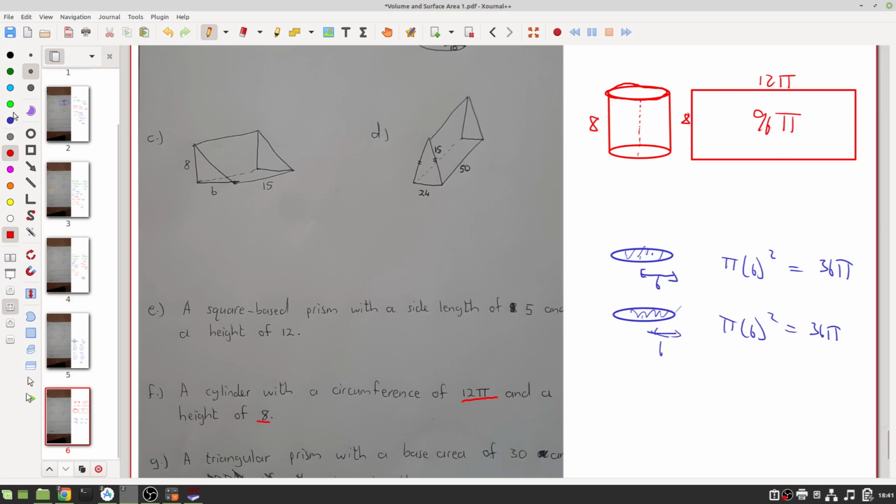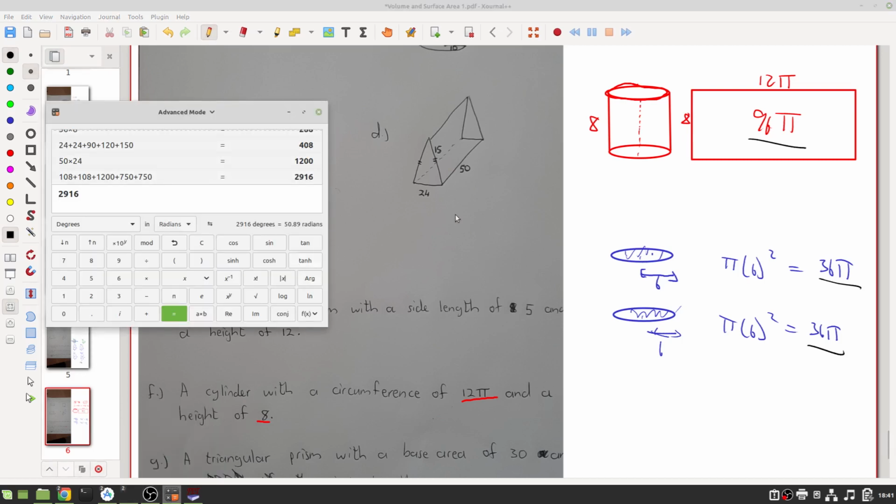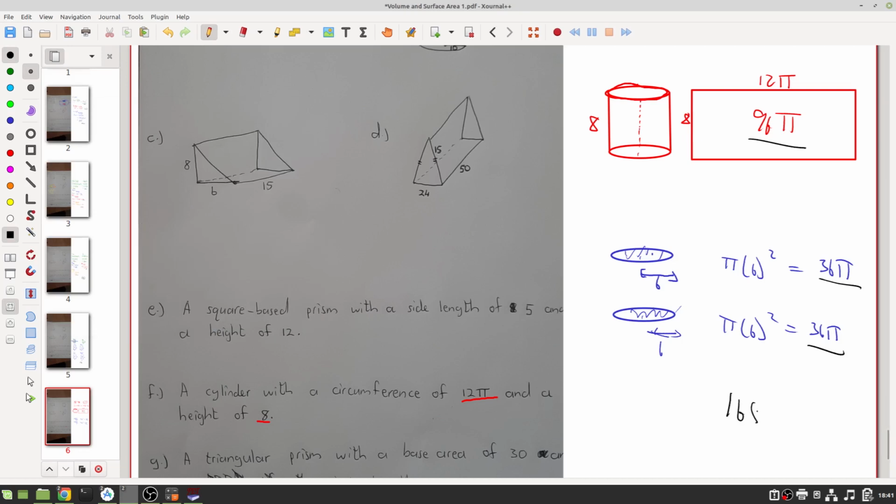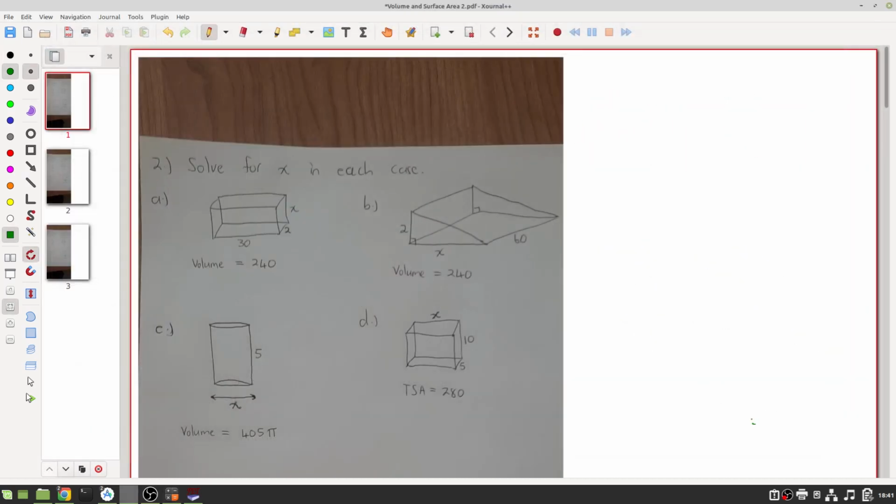Now to find the total surface area, we just add the top circle, the bottom circle, and the outside curved part together. So 96 pi plus 36 pi plus 36 pi gives us 168 pi. Let me just make sure. 96 plus 36 plus 36, 168 pi. I just didn't type the pi's, but that's fine. Oops, error.